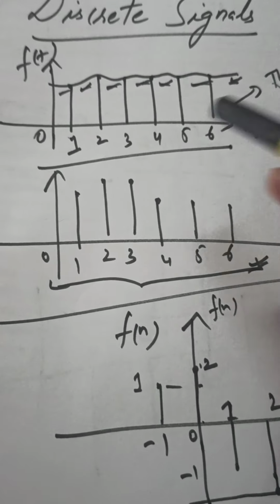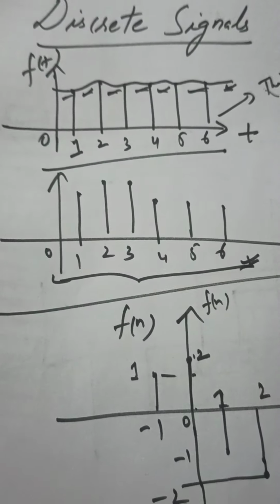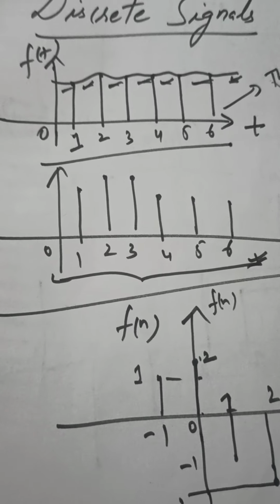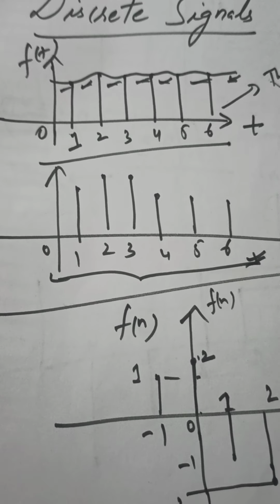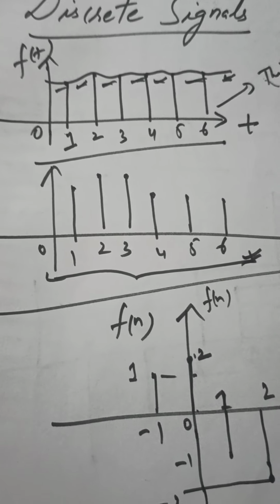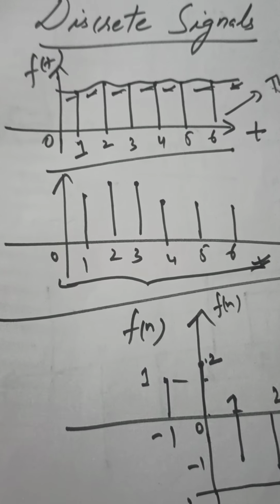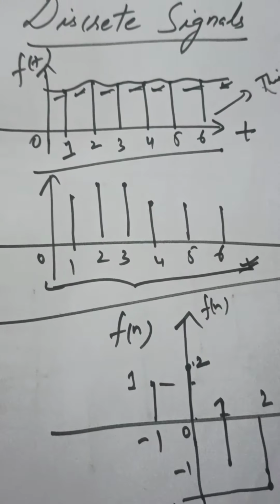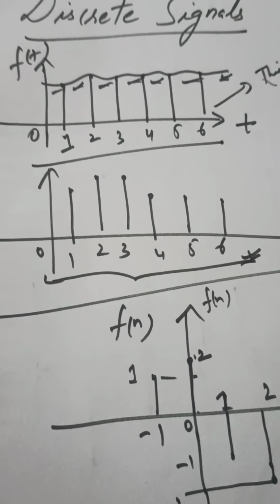For example, this is a signal f of t, and now we are taking samples of this signal at equal intervals of time, at t equals 1, 2, 3, 4, 5, 6. These are various intervals of time: 0, 1, 2, 3, 4, 5, 6.